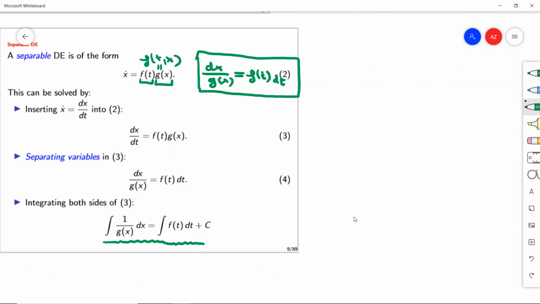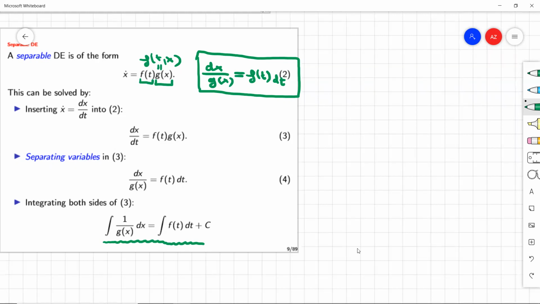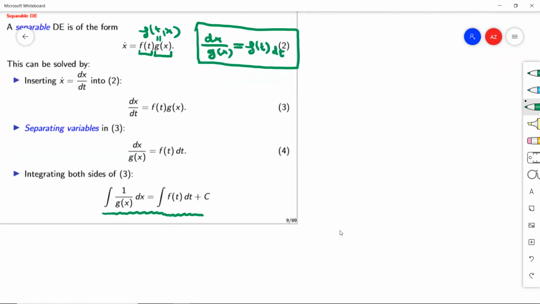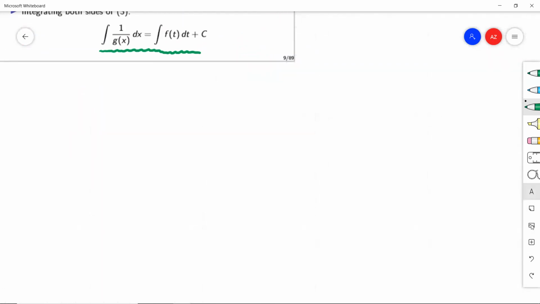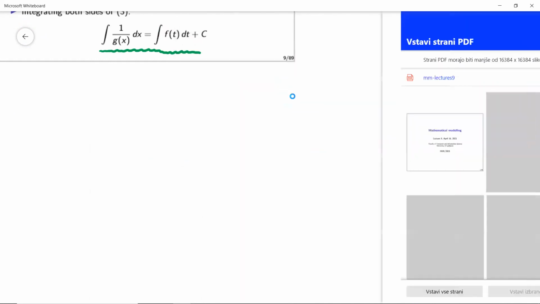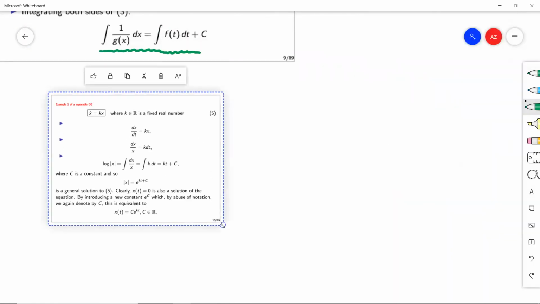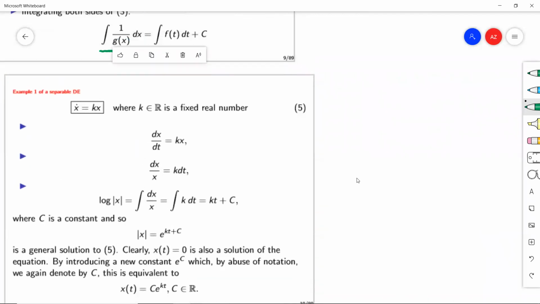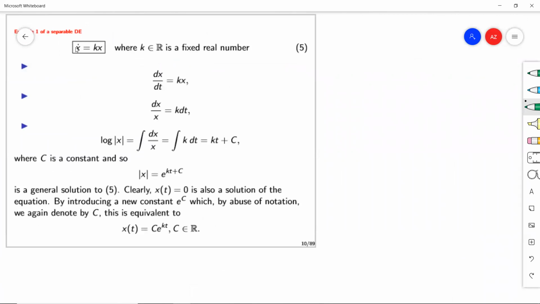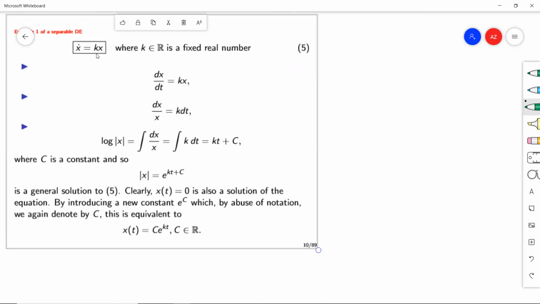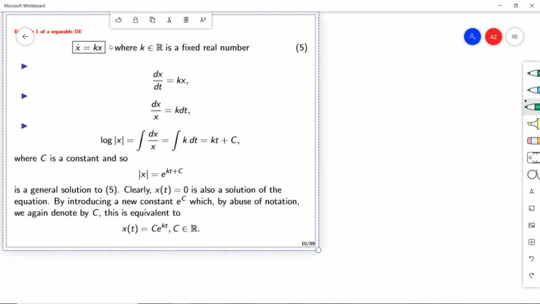And many times the solution of such an equation is exponential. We've seen two examples above. So when the rate of change of the dependent variable is proportional to the current value, then the solution of this differential equation is an exponential function.